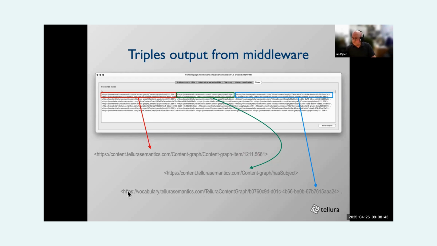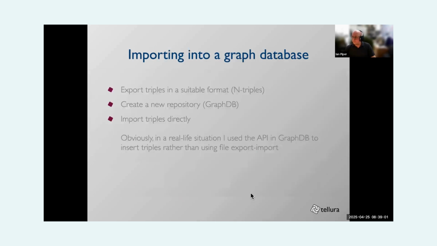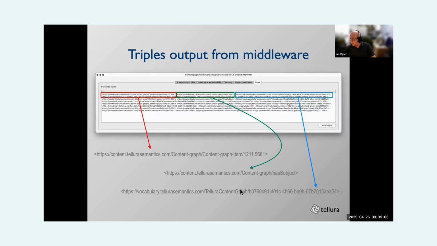At the other end, the object is a taxonomy, and in this case, the taxonomy is called Tellura content graph, and then the particular instance of the concept, apologies, has got this long UUID.